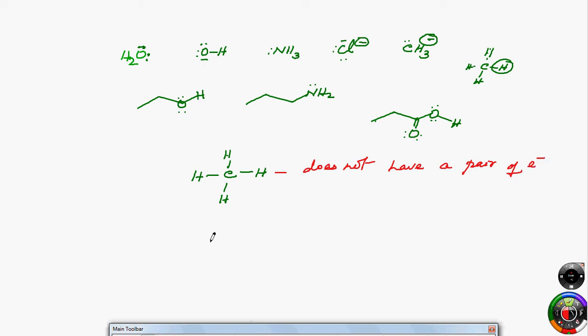What about NH4 plus? Not a nucleophile. Same reason, no pairs of electrons to donate.